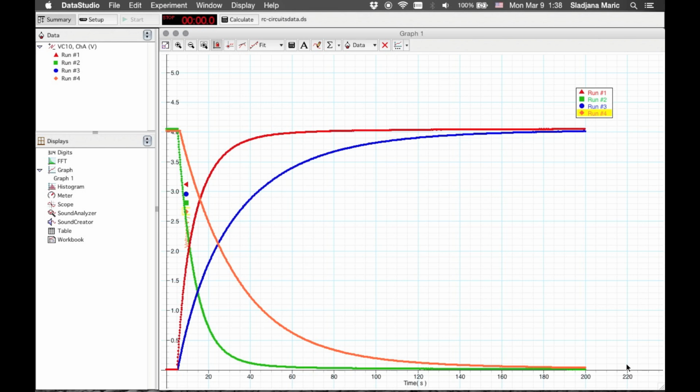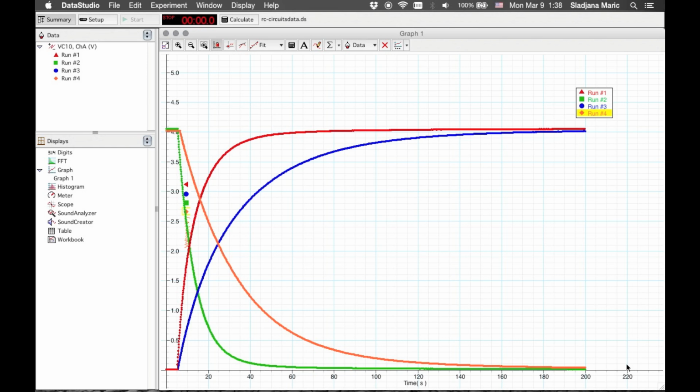If you remember from the lecture notes, we got that natural log of 1 minus Vc over epsilon, or in our case V0, is going to be equal to negative t over RC for the case where the capacitor is charging.